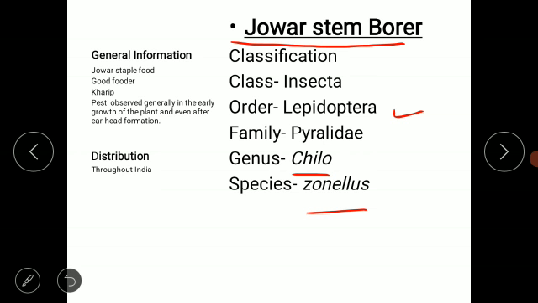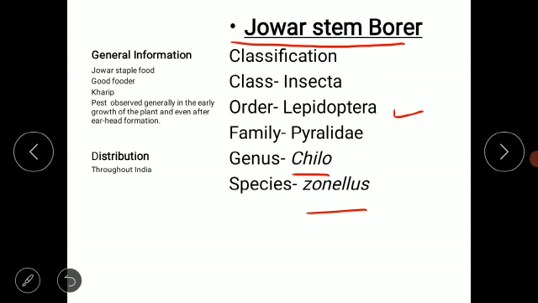Here the Jawar stem borer attacks in the earlier stages of development of the Jawar plant, as well as specifically after the formation of the ear head.